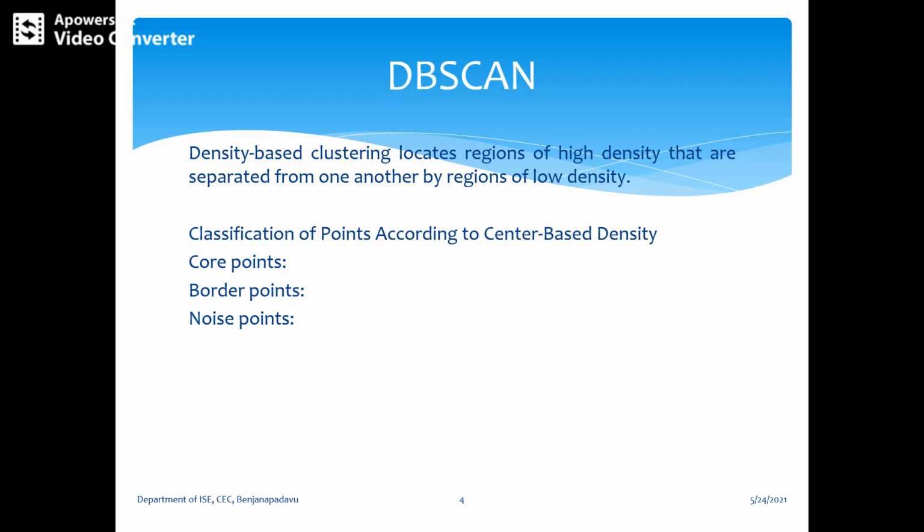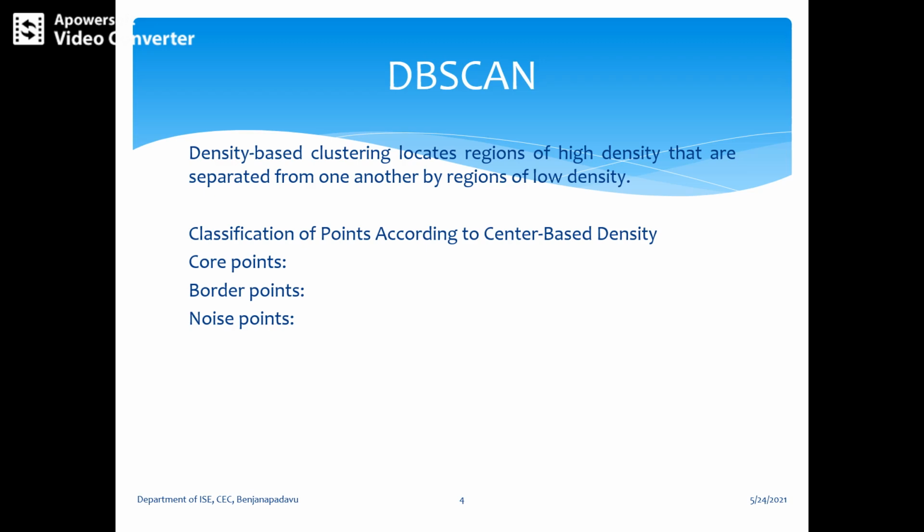Second, on the edge of a dense region, that is a border point. Third, in a sparsely occupied region, that is a noise or background point. This is shown in the next diagram.